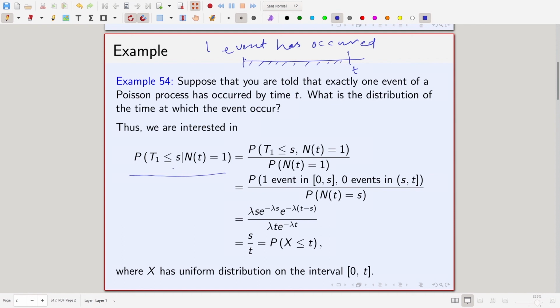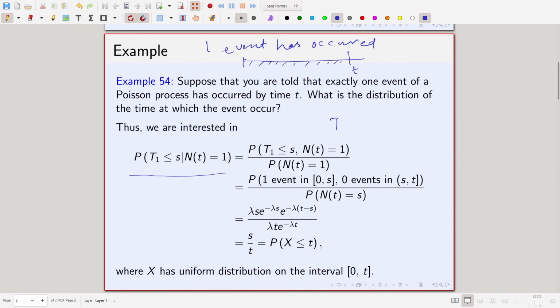Obviously this s should be less than or equal to t, because you know that up to time t there has been an arrival. So, the time of occurrence of the first event should be less than or equal to t.